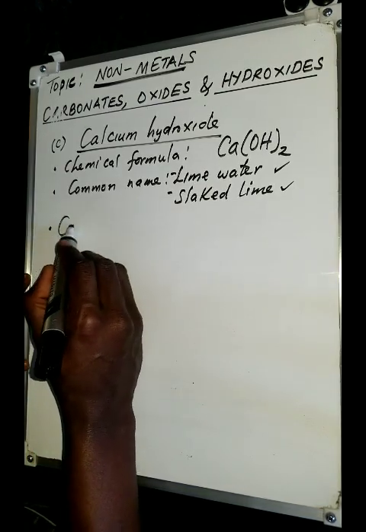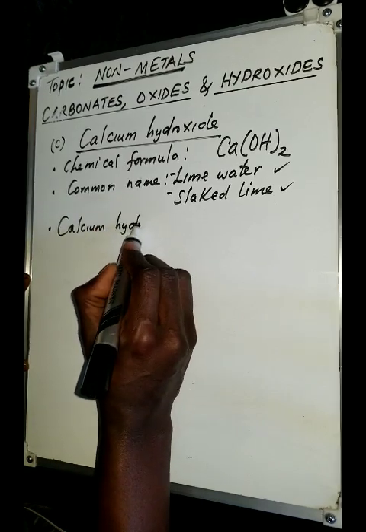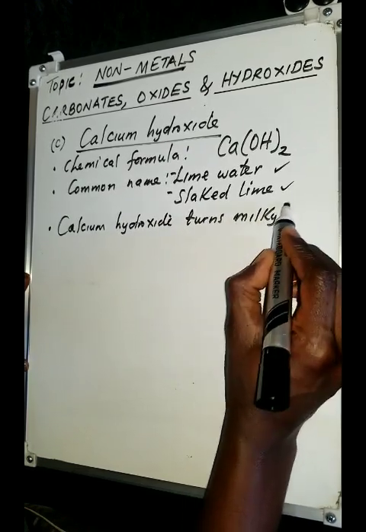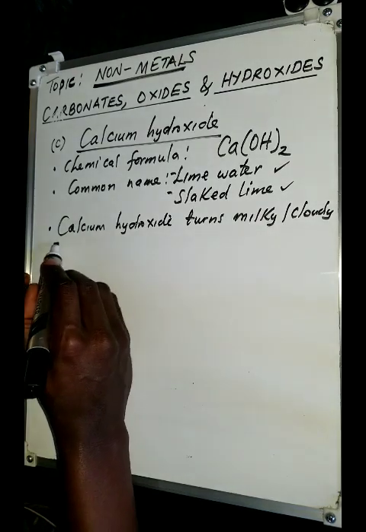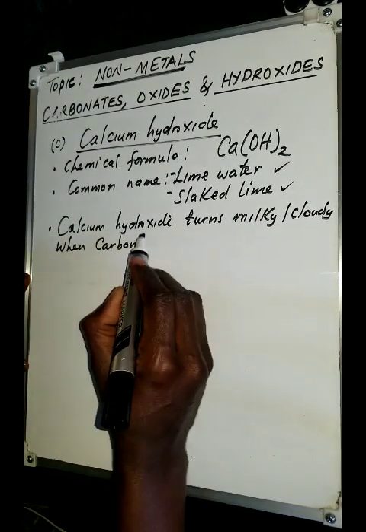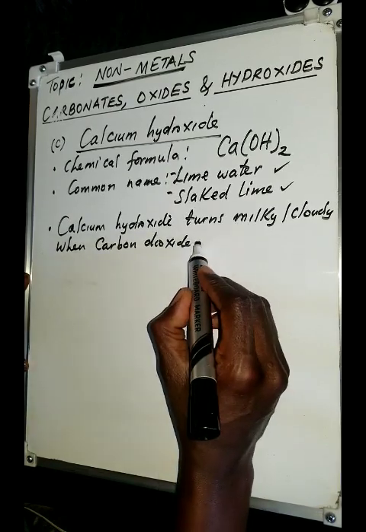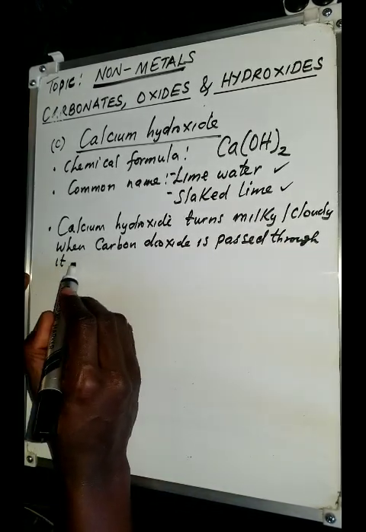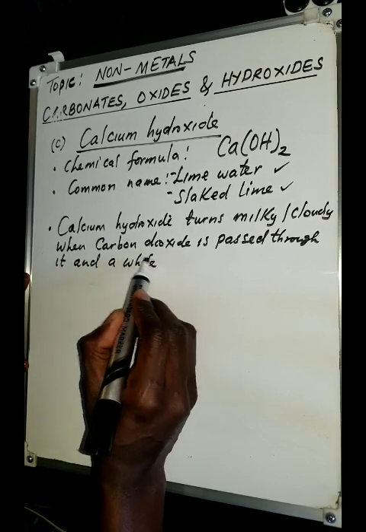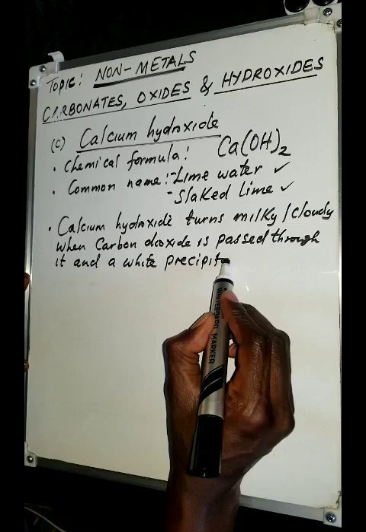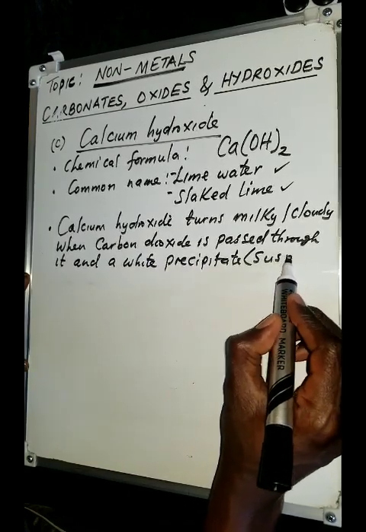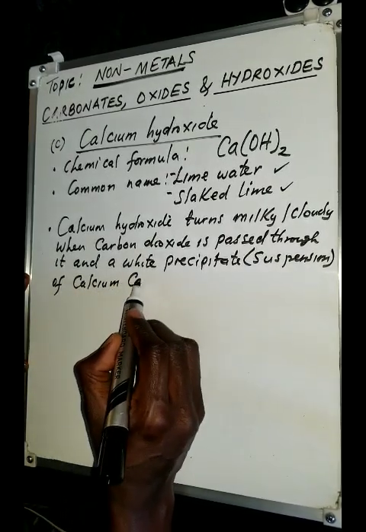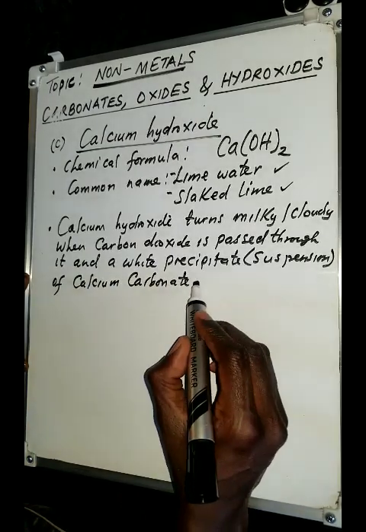So I can say that calcium hydroxide turns milky or cloudy when carbon dioxide is passed through it, and a white precipitate, which you can also call a white suspension of calcium carbonate, is formed.